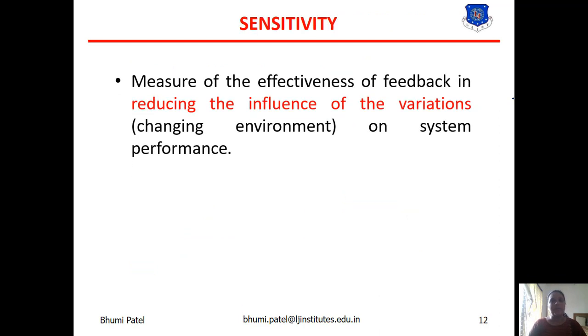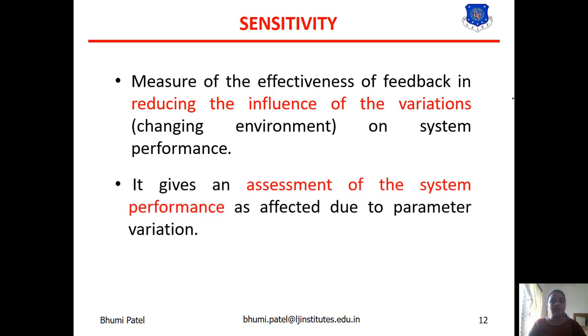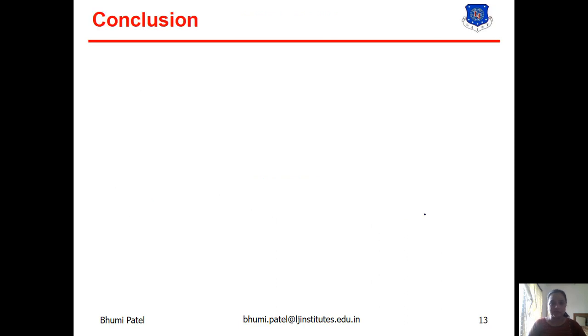Now the sensitivity is the measure of the effectiveness of the feedback in reducing the influence of variation or changing environment on system parameters. So sensitivity gives an assessment of the system performance as affected by parameter variation. Which type of parameter changes in the system we can assess by the sensitivity.